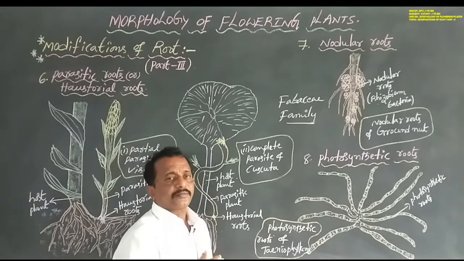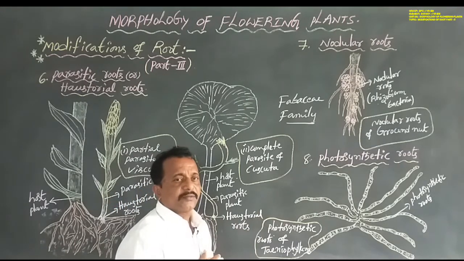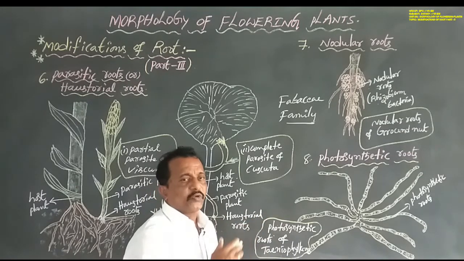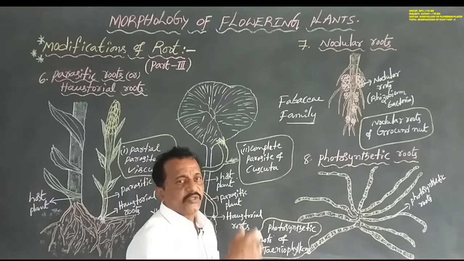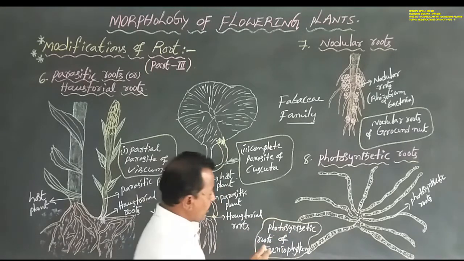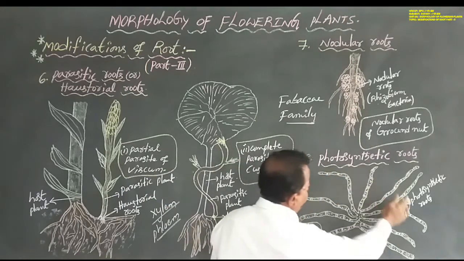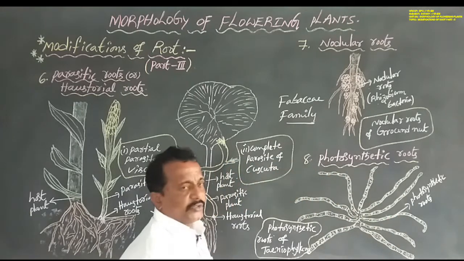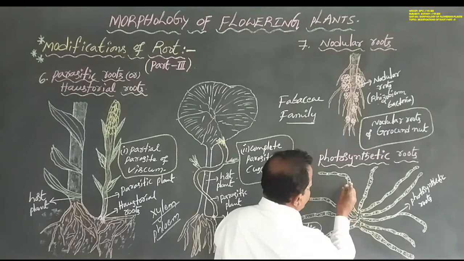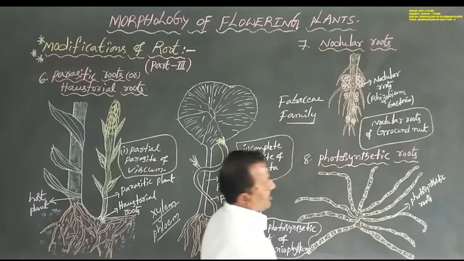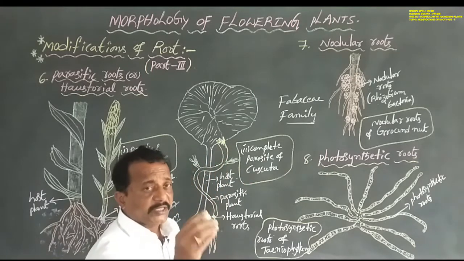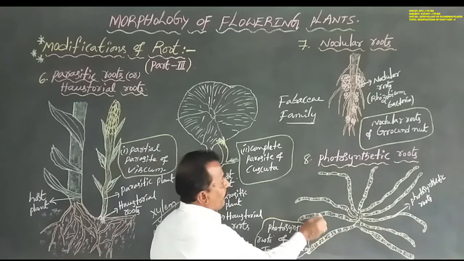In Taeniophyllum, some roots are chlorophyllous, green in color, and perform photosynthesis, so they are called photosynthetic roots. The best example is Taeniophyllum. These photosynthetic roots look like ribbon-like structures.